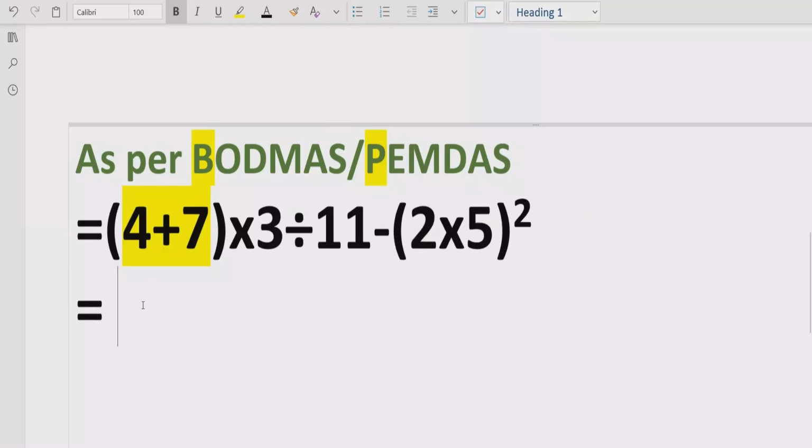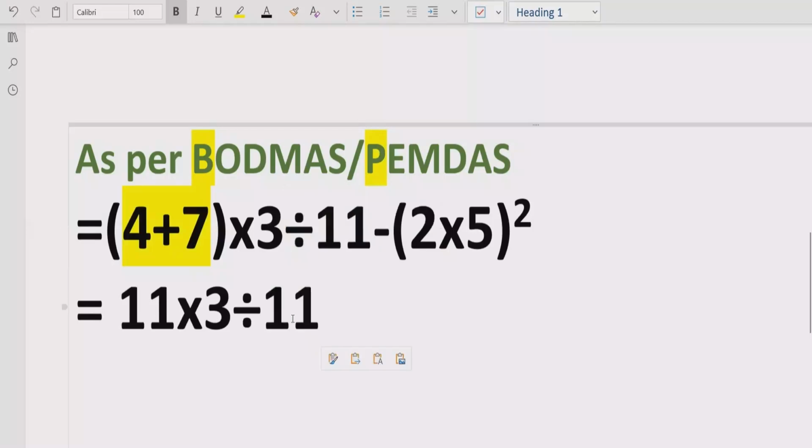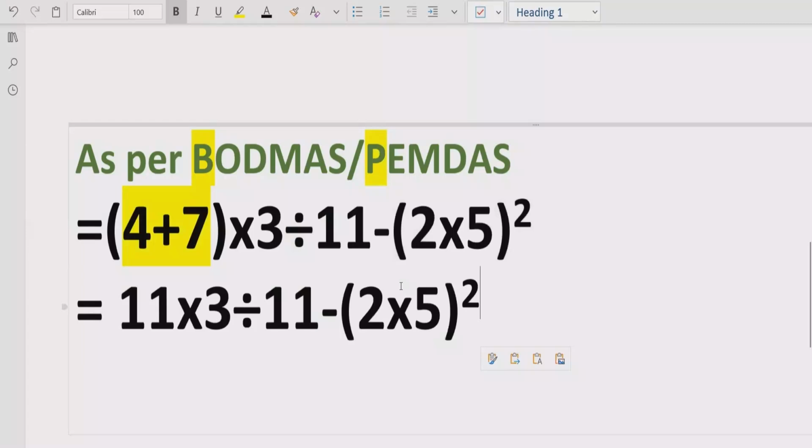So we will write 4 plus 7 equals 11, multiplied by 3 and divided by 11. So divided by 11, we will write as it is, minus 2 multiplied by 5 in the bracket, and the power is 2.